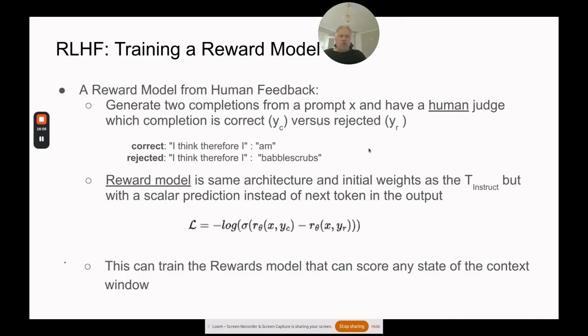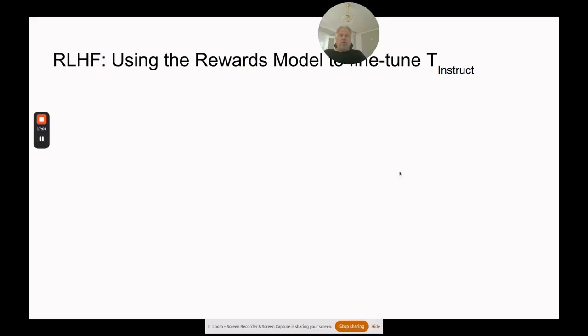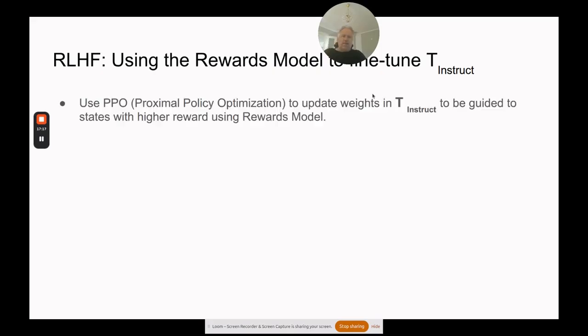We haven't gotten anywhere close to actually changing t-instruct. We haven't done any reinforcement learning yet, and now we're going to use this reward model to do that. So, using the reward model to tune t-instruct. This is going to be a little bit hand wavy, but let's go through it to get a sense of the way it goes.